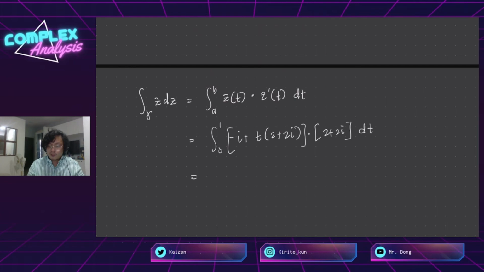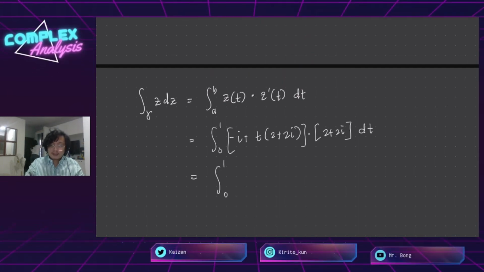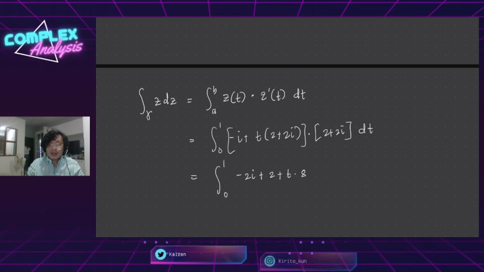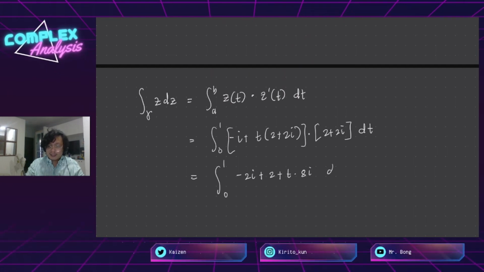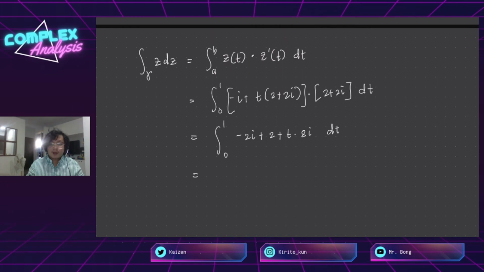Multiplying, we will have the integral of (negative 2i plus 2 plus t times 8i) dt. Okay, then integrate that from 0 to 1.